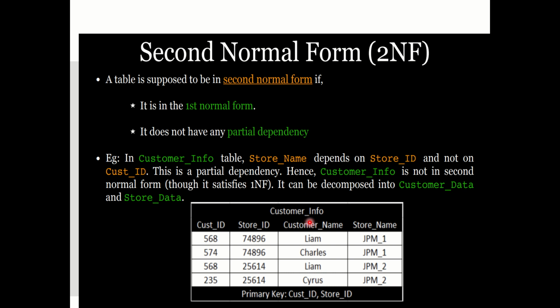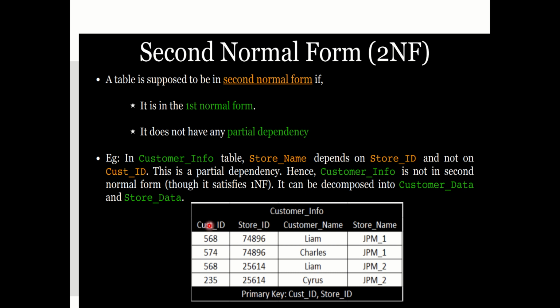Okay, the store info table, our relation, is not in the second normal form, because you have certain non-key attributes which have partial dependency upon the other attributes. Okay, so that's what you have to understand. And what do you mean by partial dependency? Here, you can see the primary key of this table is customer ID and store ID.